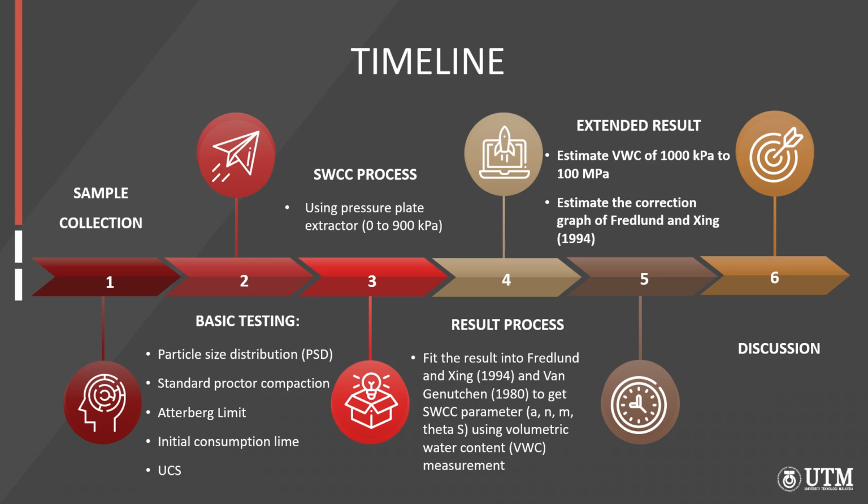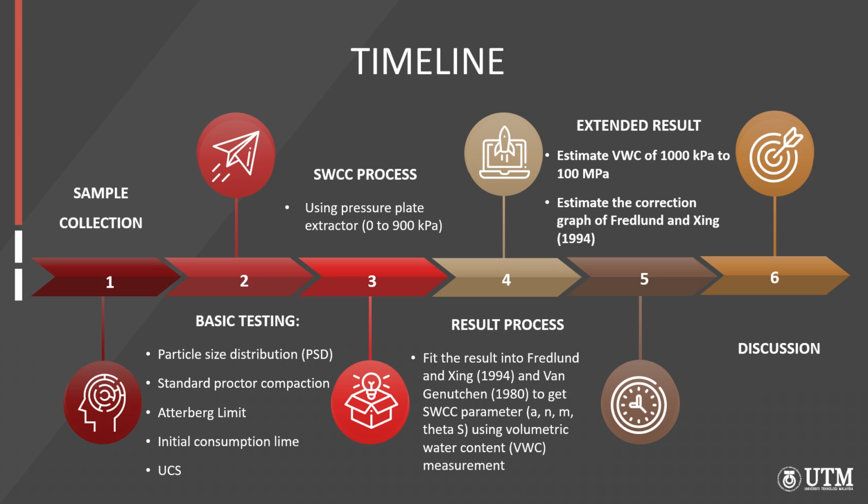The suction range used was from 0.1 to 900 kPa according to the ability of the pressure plate in the geotechnical lab. The result of SWCC was then fitted into Fredlund and Xing 1994 and Van Genuchten 1980 to get the SWCC parameters, which are a, n, m and theta s, using the volumetric water content measurement.